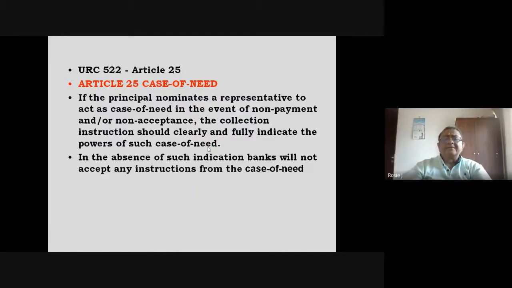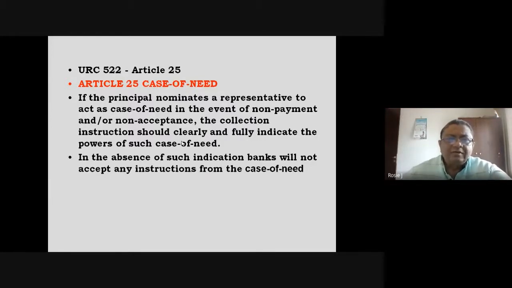In the absence of such indication, banks will not accept any instructions from the case of need. So it will only go by what the exporter's bank has told about the powers of the case of need, as told in the schedule sent by the exporter's bank.